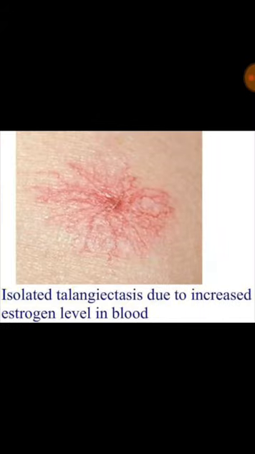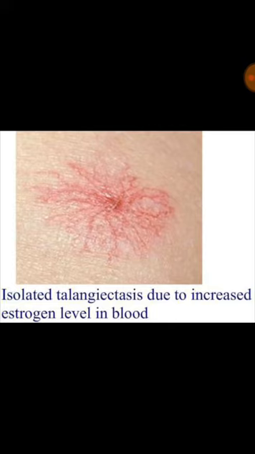Another important sign in the face is spider nevi or spider angioma. Spider nevi is an isolated telangiectasia that characteristically feeds from a certain feeding vessel in the distribution of the superior vena cava. So spider nevi can occur in the face, upper trunk and arm, which are the distribution area of the superior vena cava.